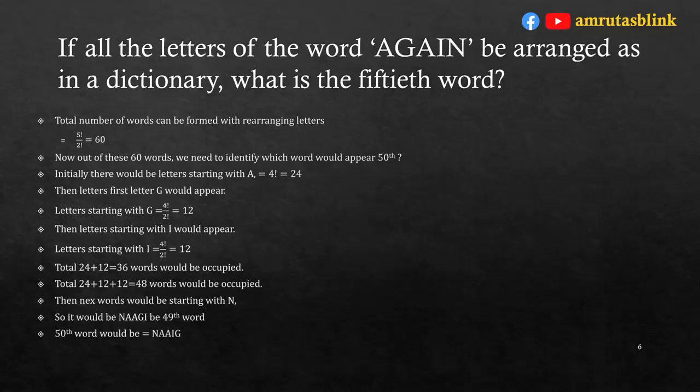So it would be NAA, and now instead of GI it would be IG. So ultimately in the dictionary the 50th word is NAAIG. Understood? So let's suppose if we need to calculate 51st word, then it would be NAGAI.